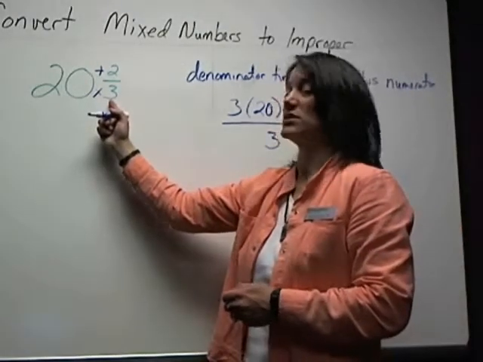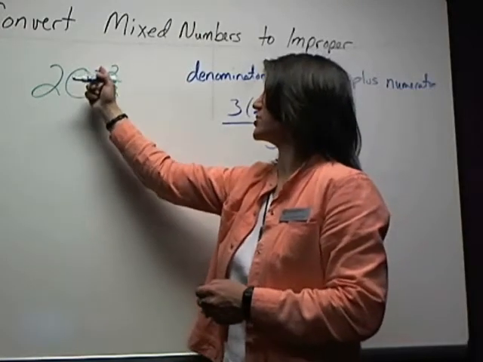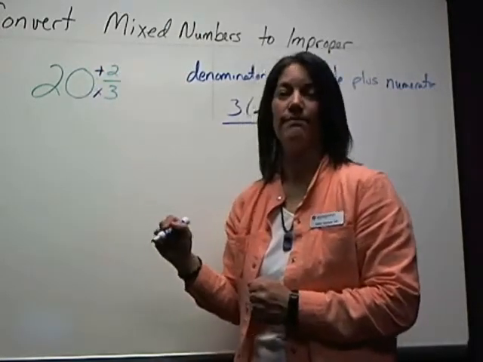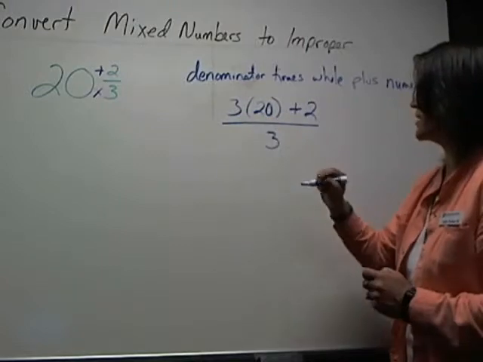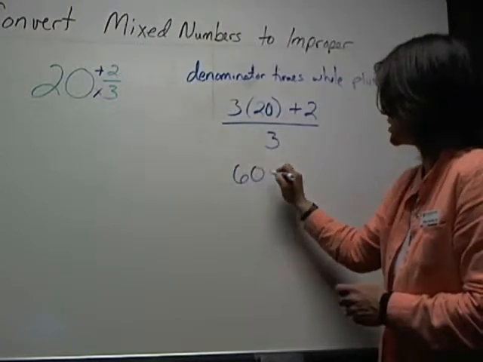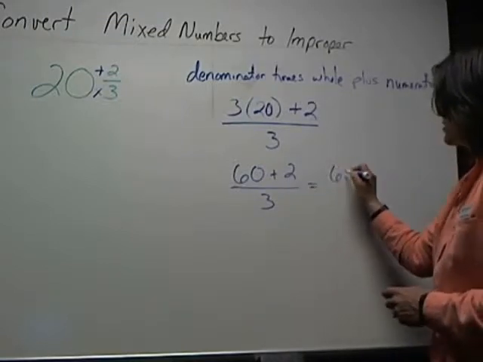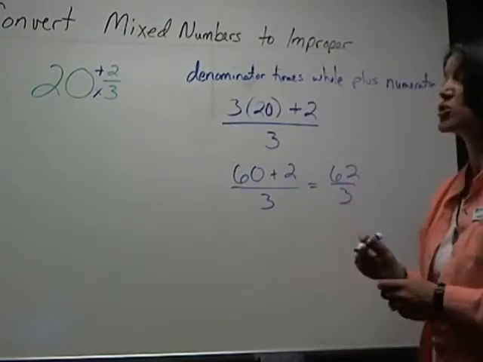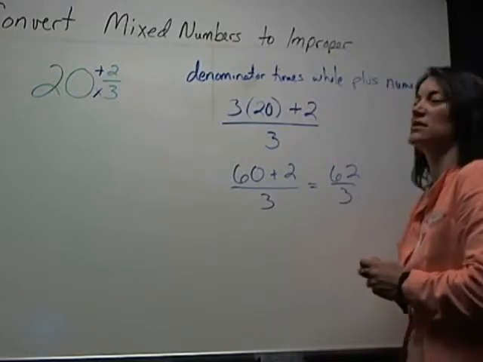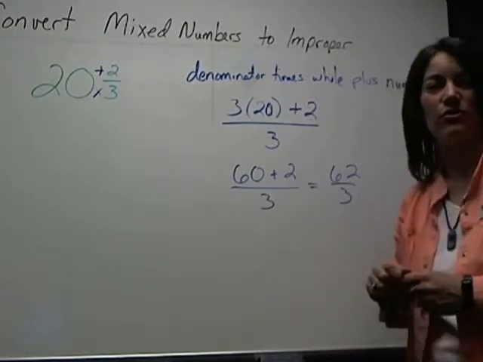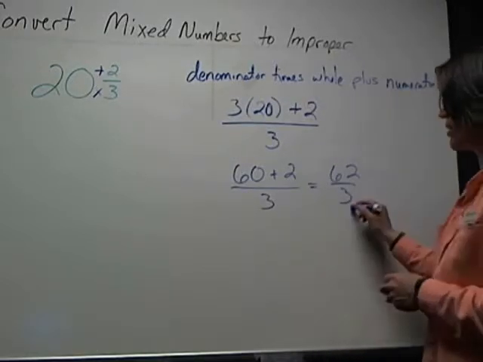So it's kind of cyclic. We start here with the 3 times 20 plus 2, and put it all over 3 again. In this case, we had 3 times 20, which we just said was 60. Add the 2, and then put it all over the 3. So 20 2/3 is the same thing as 62/3. That is your improper fraction.